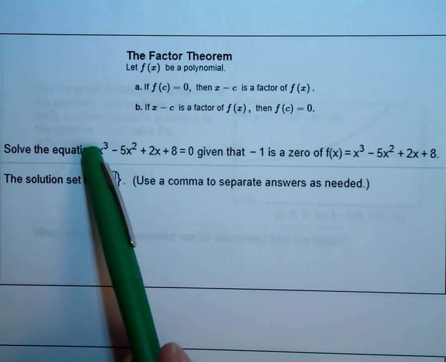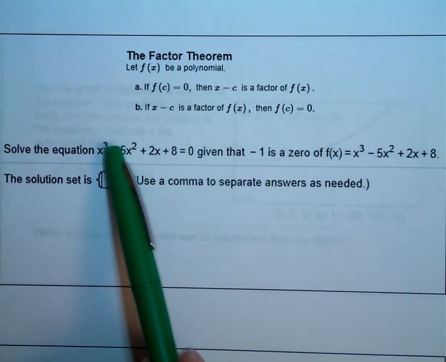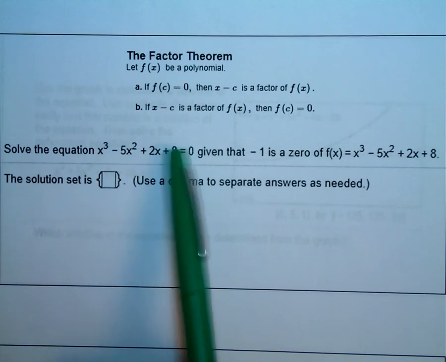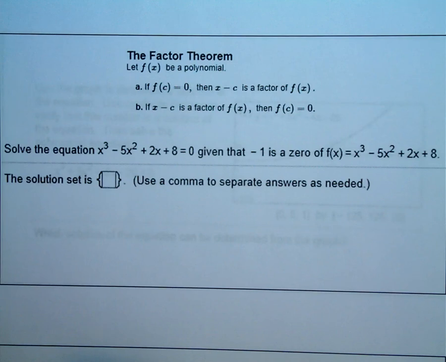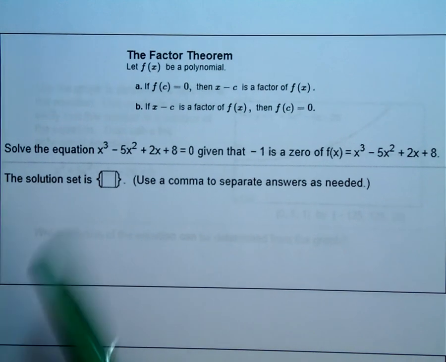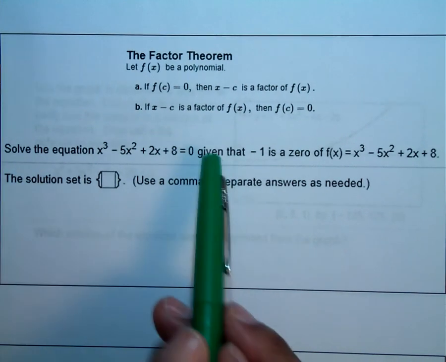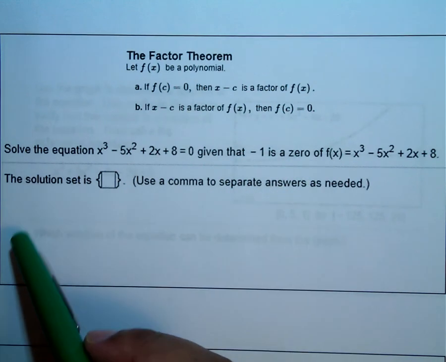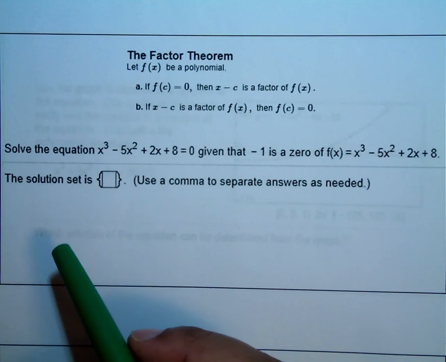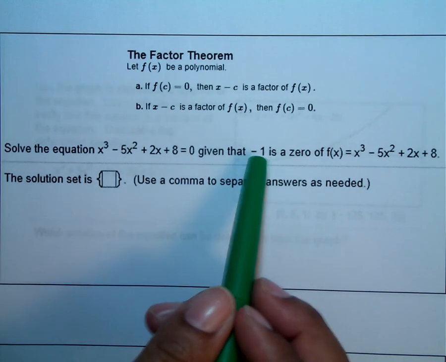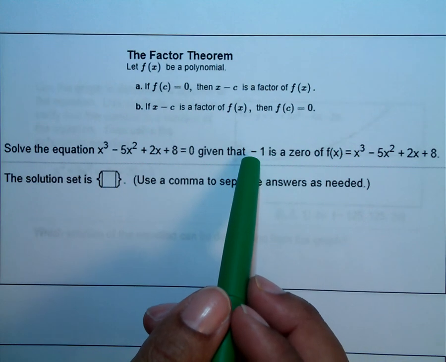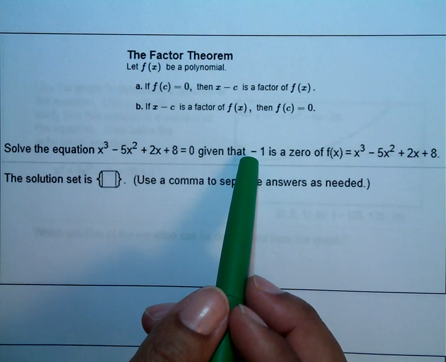So if I go -1 cubed minus 5 times -1 squared plus 2 times -1 plus 8, I should get 0. So you can check that and see. Okay, so it says solve the equation given that -1 is a 0, and they want me to find the solution set. Okay, so if this is indeed a 0, that means it is a factor, which means when I do synthetic division, my remainder should be 0.